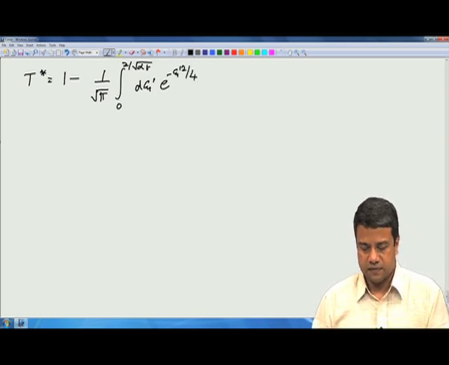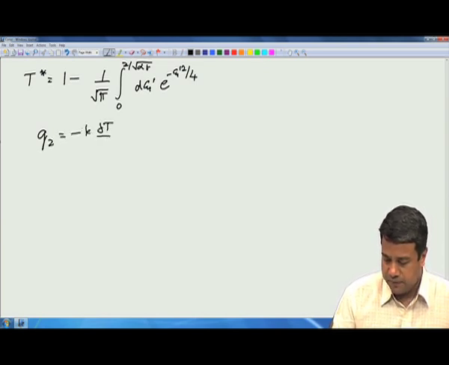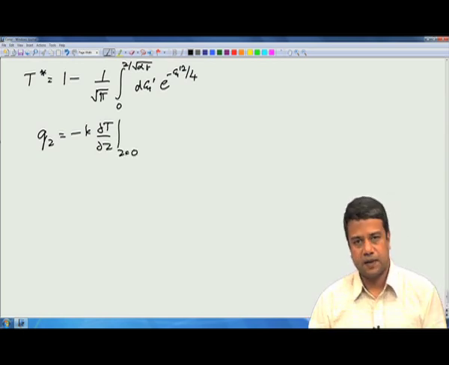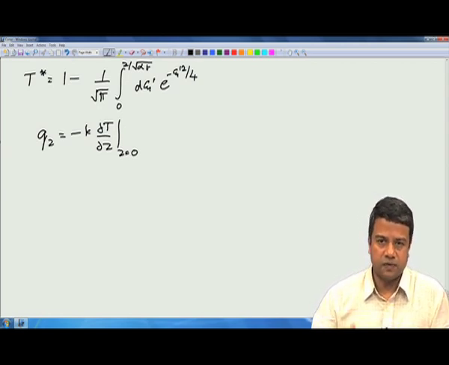So, that is the final expression of temperature. What is the heat flux coming from the surface? Qz is equal to minus k dT by dz at z is equal to 0. That is the thermal flux, total heat energy coming out from the surface.